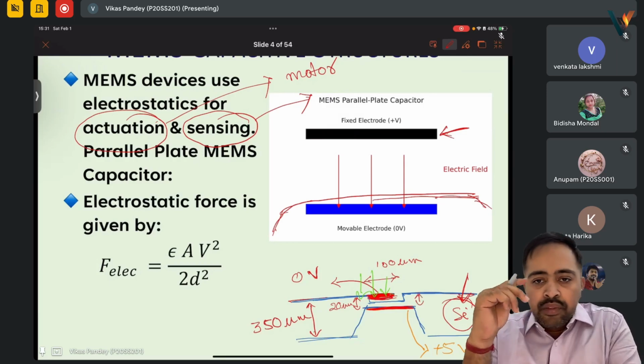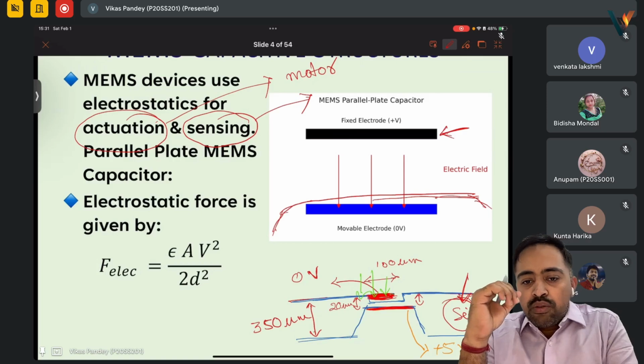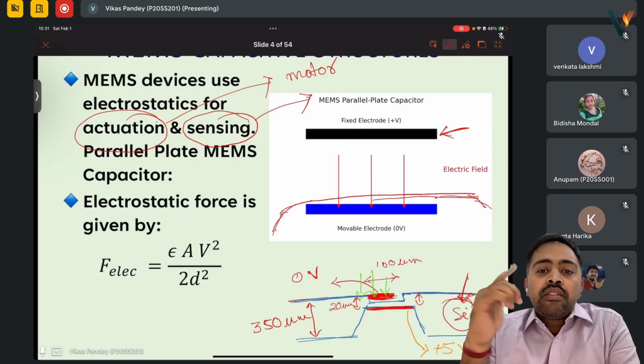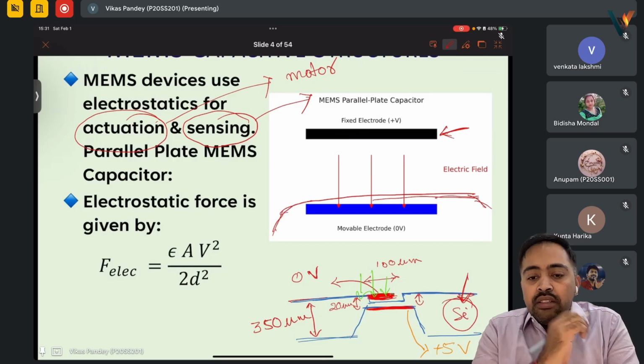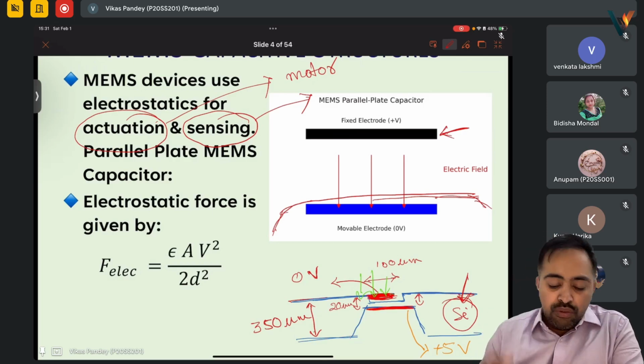The distance between the two electrodes will decrease, and thus we will have a different capacitance. There will be a change in capacitance, and this change in capacitance can be used to sense the pressure.